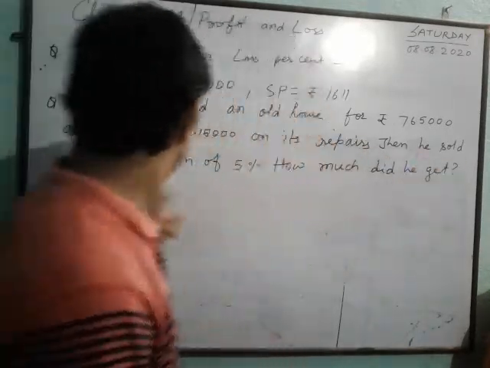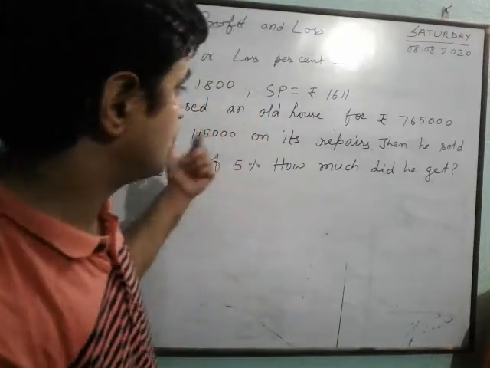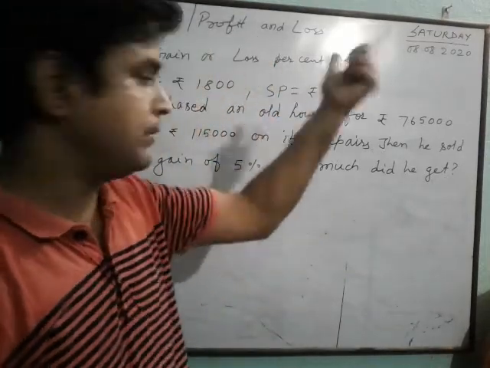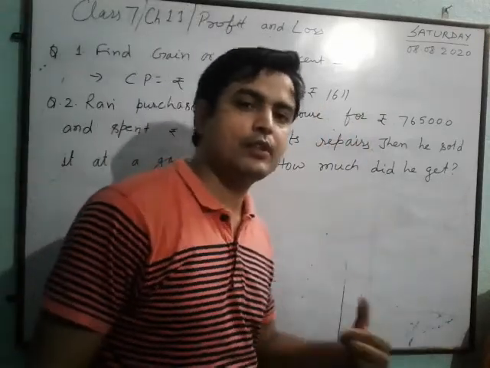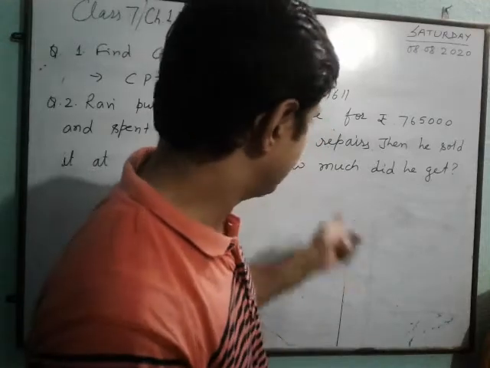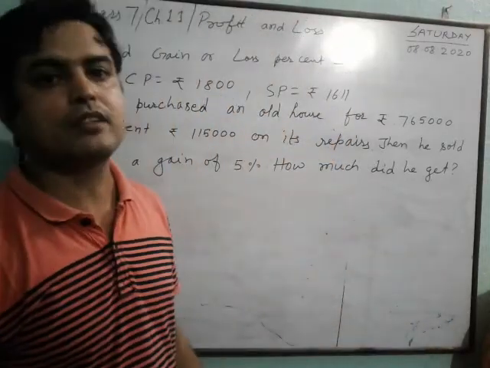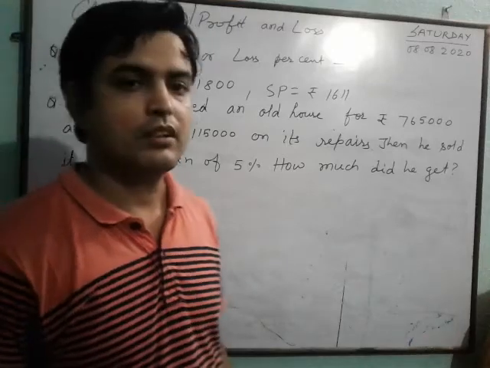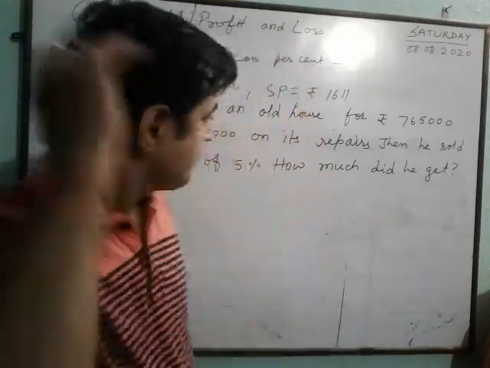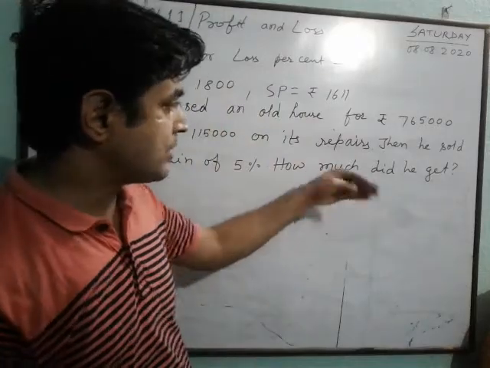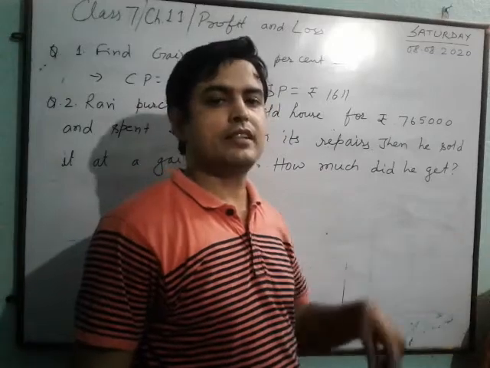Then he sold it at a gain of 5%. Aur uske baad usne usko 5% gain par bech diya. How much did he get? Here it is not clear what we have to find, but as we can understand, here the selling price of an old house is being asked. Selling price yahan poochha ja raha hai. How much did he get? Means when he sold the house, how much did he get?